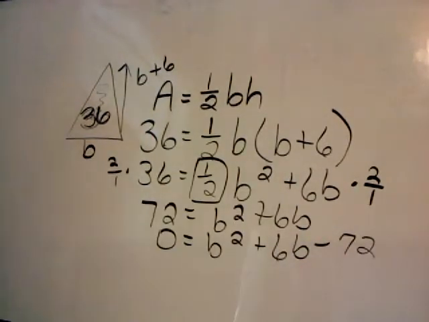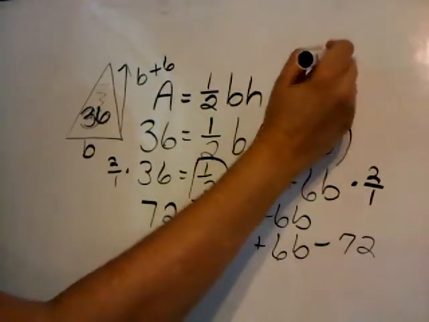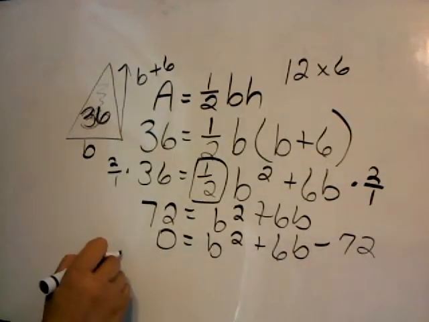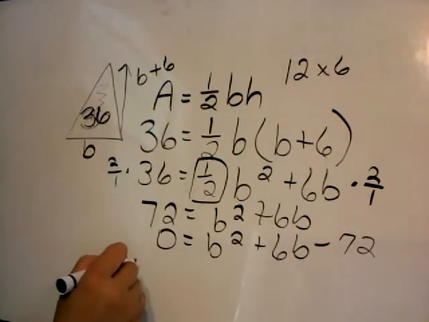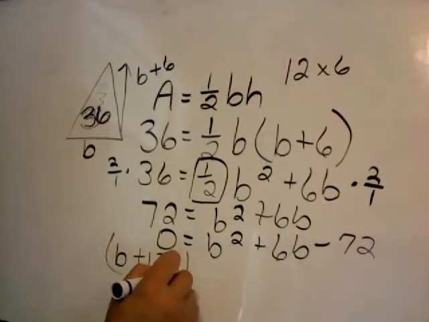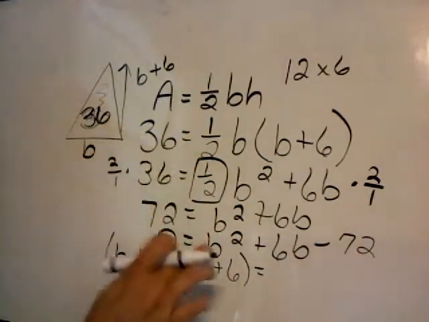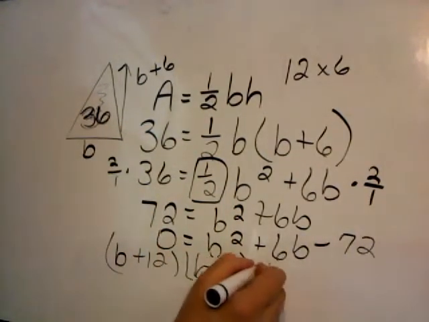Now I'm looking for factors of 72. When I multiply them, I get 72, and when I subtract them, I get 6. So I'm going to use 12 times 6. So I'm going to use b plus 12 times b minus 6 equals 0.